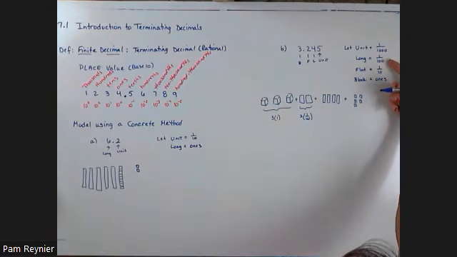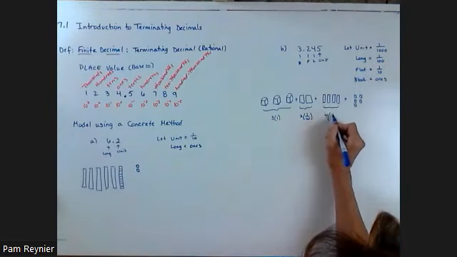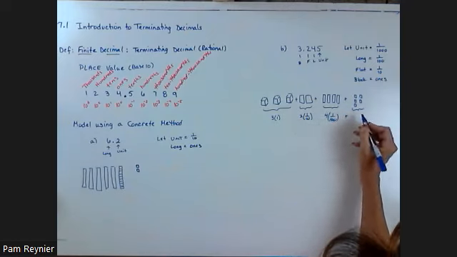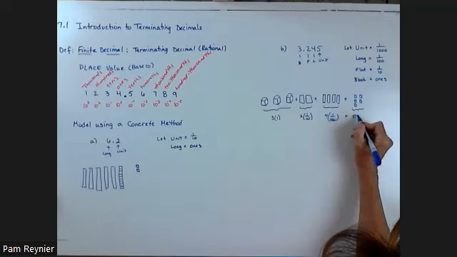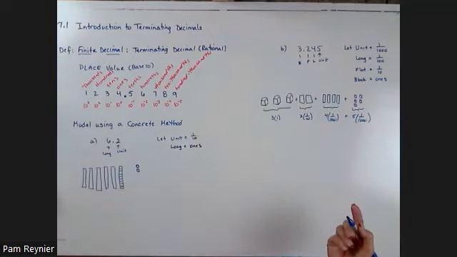We have 4 longs, each one representing 1 100th. And we have 5 units, each one representing 1 1,000th. So if we needed to write this as an improper fraction, we would need to find a common denominator.